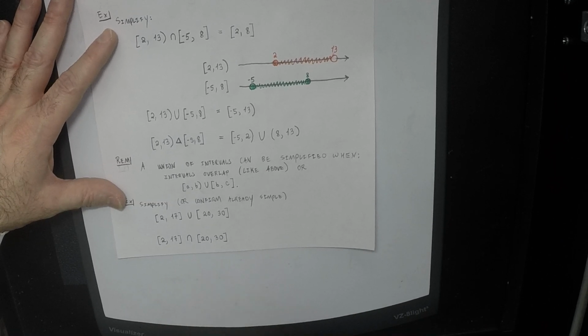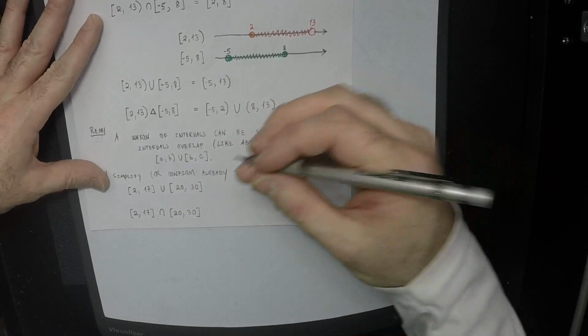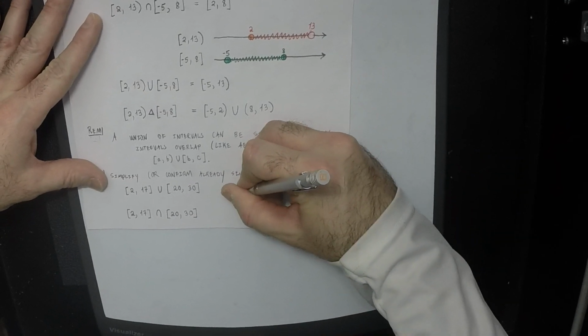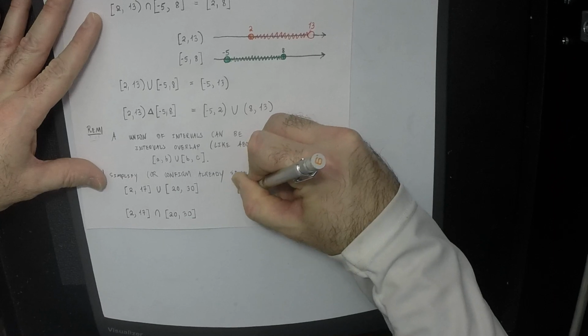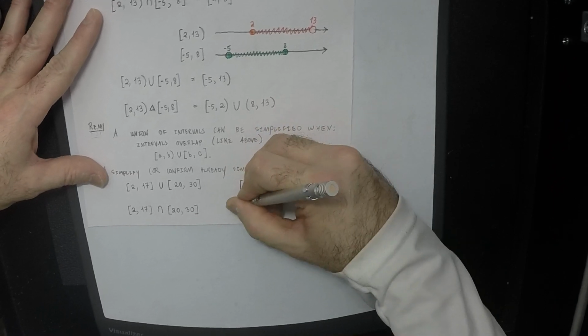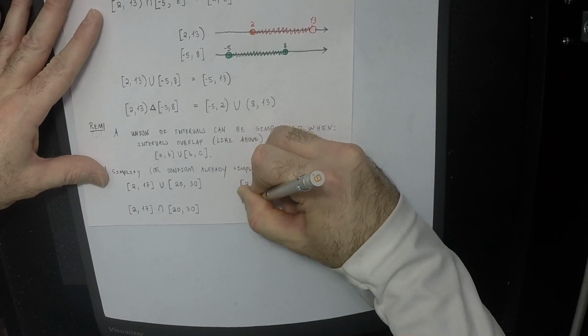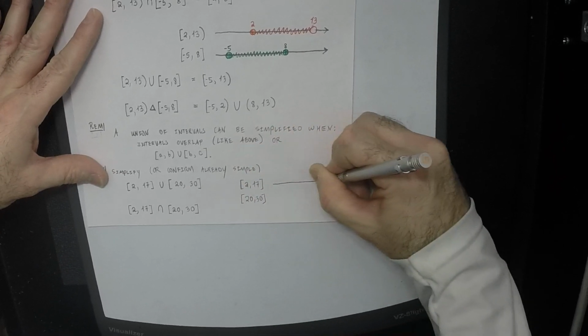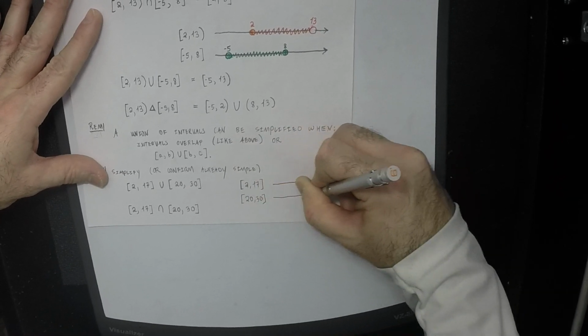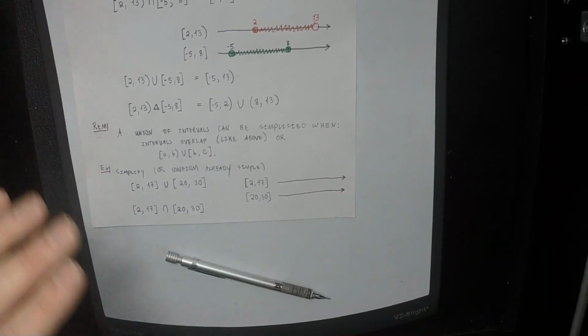Yeah, it's the null set, the empty set. Well, so then we could do that just very rapidly now. So 2 to 17 will be that one, and 20 to 30 will be this one. The situation looks like this.